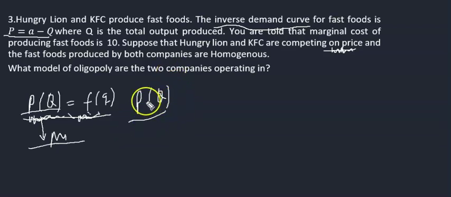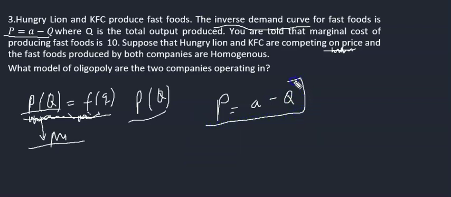And the reason for that is that the same inverse demand curve we've been given can be manipulated. It can be changed. We can make Q the subject of the formula.